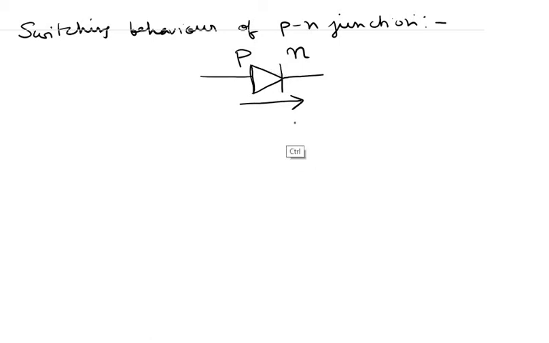Okay, so this diode is actually connected to the ground through two voltage sources and resistors also.